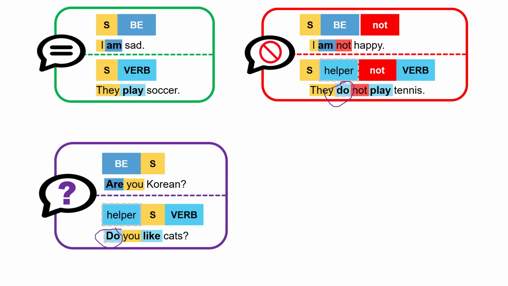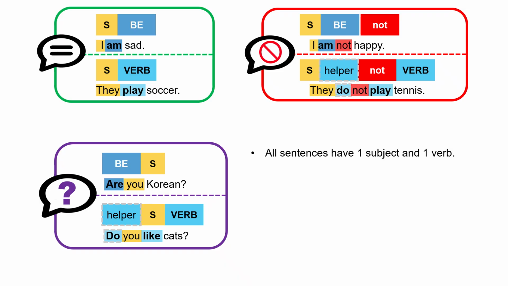For basic English, that's the only time you use do. Do never happens with the be verb. Okay.